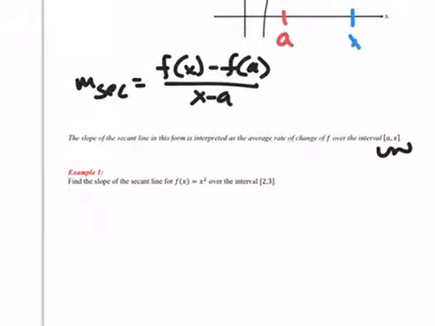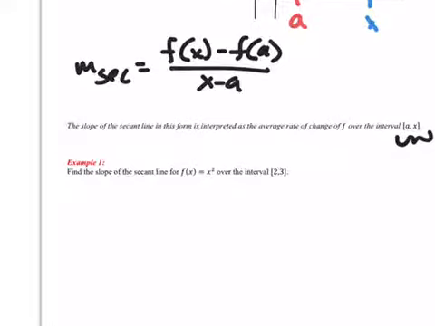So let's look at an example of finding the slope of the secant line for f of x equals x squared over this interval from 2 to 3. Let's use this idea of a and x in our second form of the difference quotient.